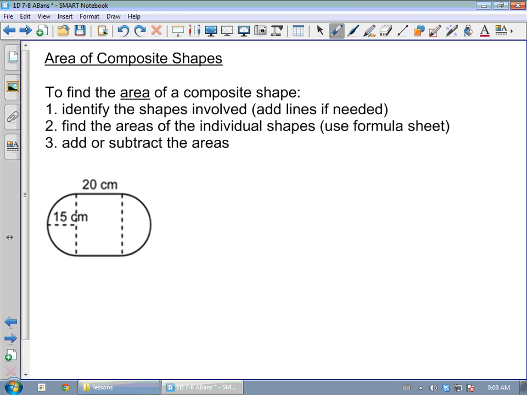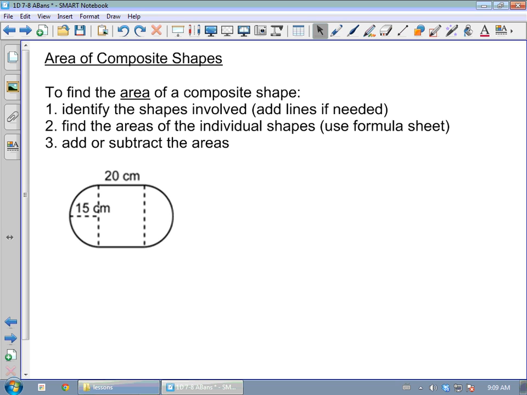We've got this funny little shape here. First off, what two shapes have been combined to make this composite shape? Yeah, we've got a rectangle in the middle. And now you said a circle here.